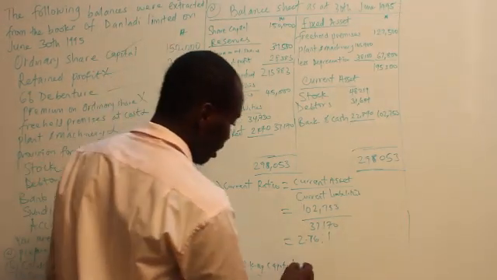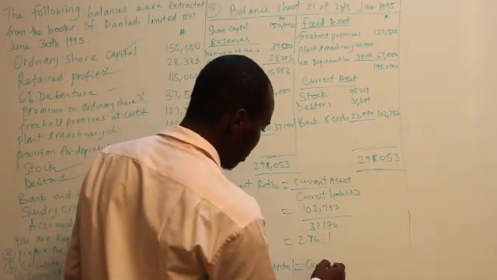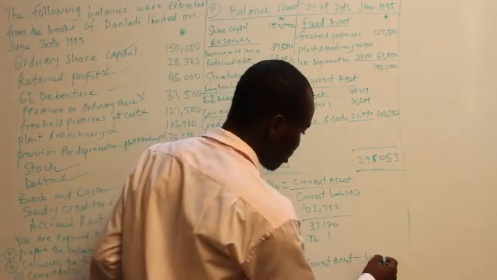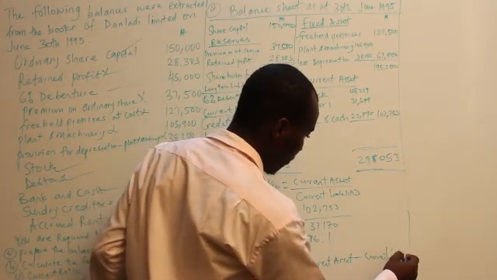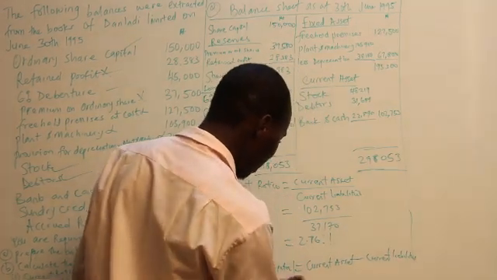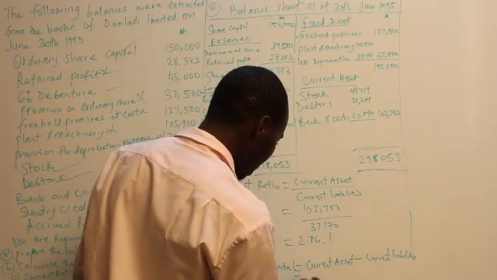So the working capital is the current asset minus current liability. So working capital again is current asset minus current liability.